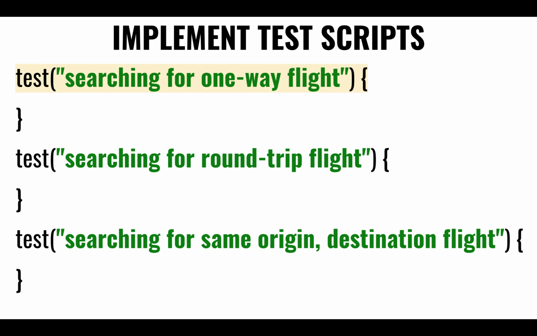Nevertheless, whatever tool or framework you end up using, there will be some scripting language that will allow the QA engineer to implement and automate their tests. So for instance, there might be functions that allow you to automate being able to search a one-way flight, or search a round-trip flight, or search the same origin and destination.